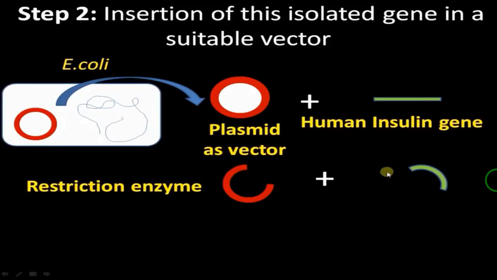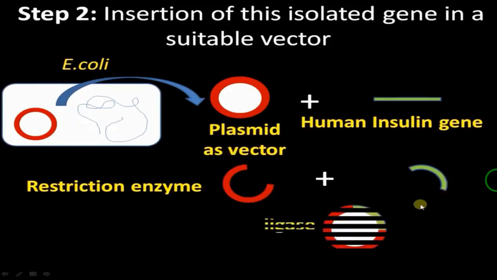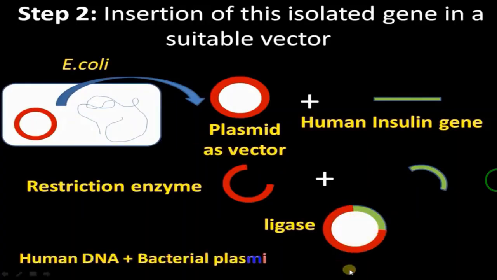Then the insulin gene already taken, we have to incorporate into the plasmid. How can we incorporate these two? With the help of the ligase enzyme we can join the plasmid and the human insulin gene. So that is over.